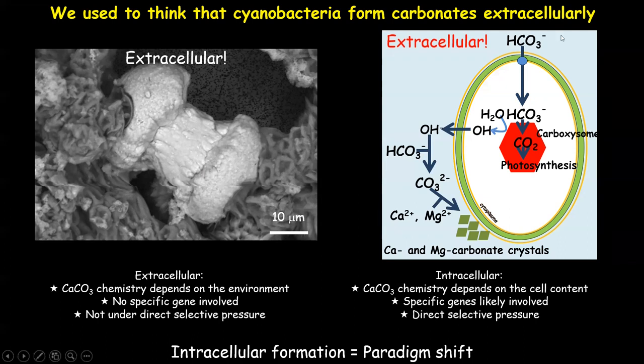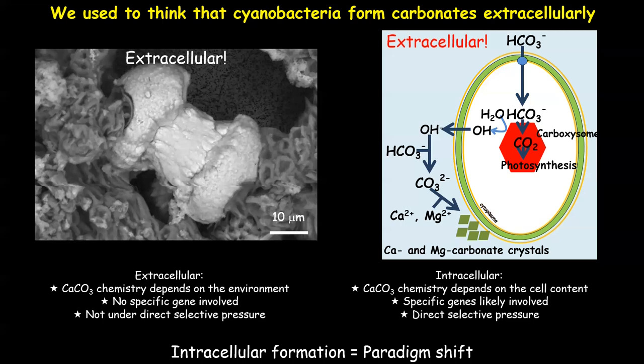The other idea is that with this extracellular formation, people used to think that cyanobacteria somehow form calcium carbonate very incidentally. This is some kind of secondary reaction, secondary byproduct. This is not intended by the bacteria. In the case of intracellular carbonates, you may imagine that you need some specific mechanism so that you will not precipitate calcium carbonate inside a cell in any way at any cost.